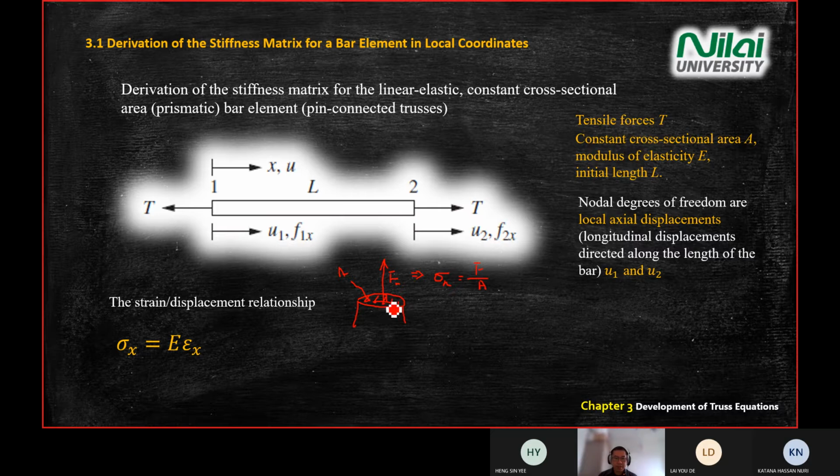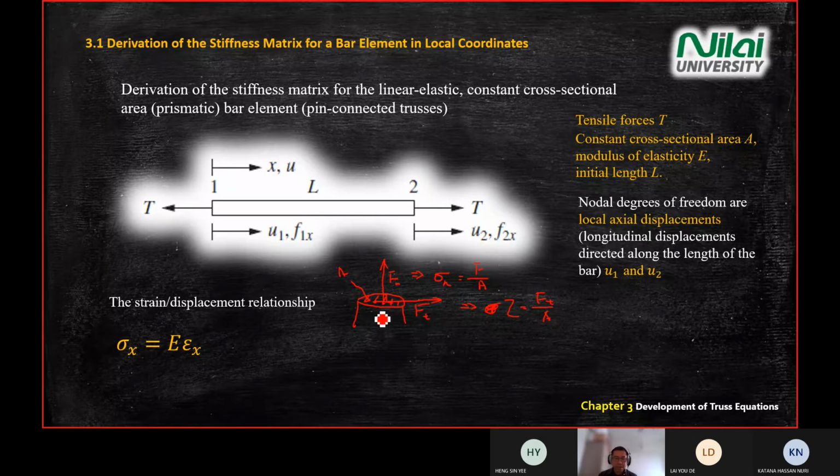If you have another force, a tangential force parallel to the area, then this action will generate shear stress: tangential force divided by area. So these are the cause and effect of the relationship between force and area. You will generate normal stress and shear stress.